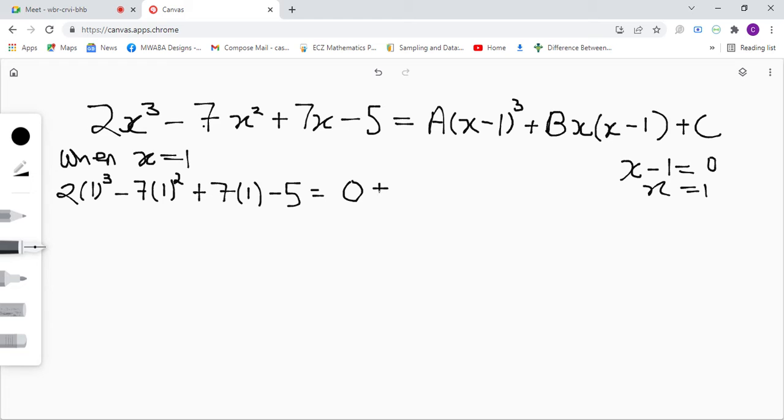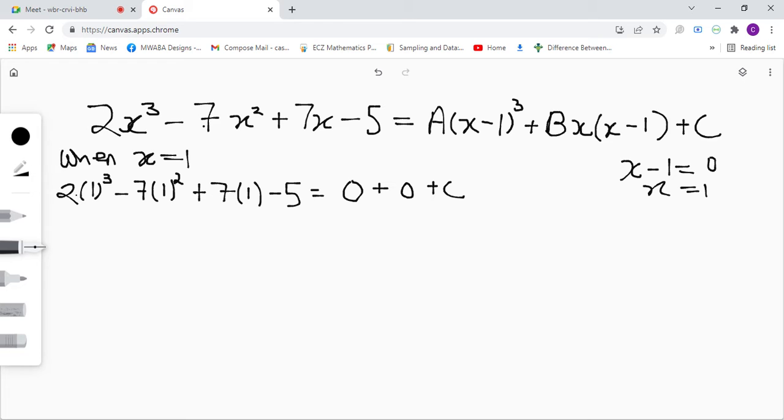Our a has been cancelled out, plus, if we substitute x for 1 again here, 1 minus 1 is 0, and 0 times b is cancelled out because it's 0. So we have plus 0 plus c. So we remain with our c.